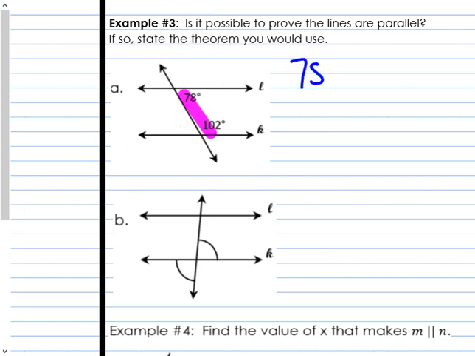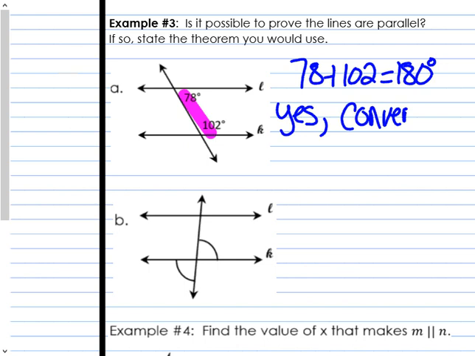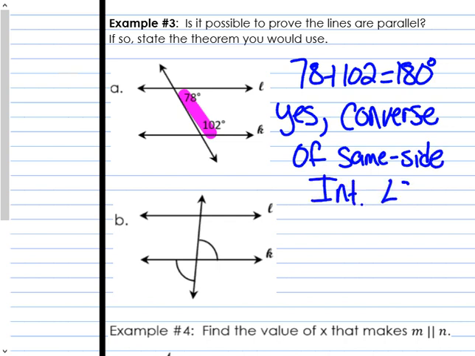So 78 plus 102, they add up to 180 degrees. Are those supplementary? Yes, they are. So since those two angles are supplementary, these lines are parallel. So I would say yes. And the reason I'm allowed to say this is because of the converse of same side interior angles.